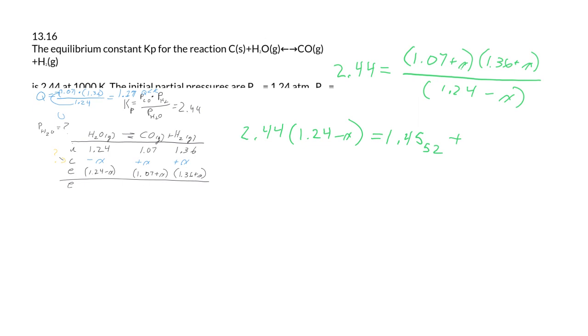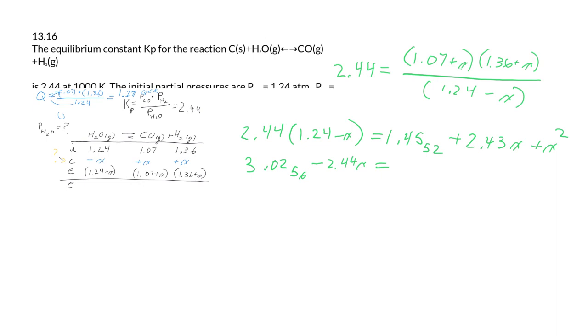I am mathematically challenged today. I'm going to go ahead and distribute on that side. So we've got 2.44 times 1.24 equals 3.0256 minus 2.44x equals everything on the other side.